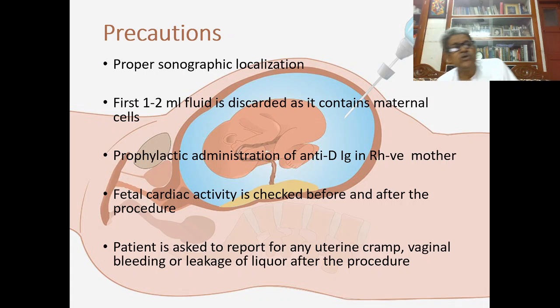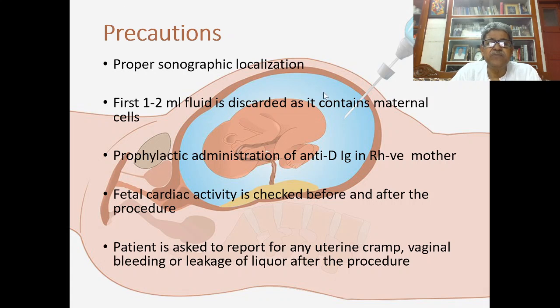Now, what precautions should be taken for this purpose? Different types of precautions must be taken. Number one, proper sonographic localization is very essential for this diagnosis and for collecting the amniotic fluid.